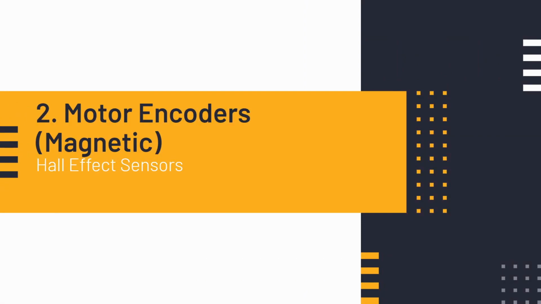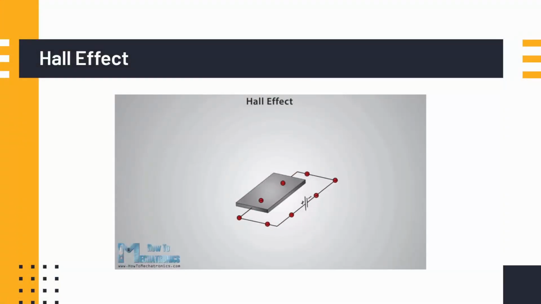Next part, magnetic encoders. Okay, these are going to be used to essentially keep track of how fast our motors are rotating, and they use a little something called the Hall effect. So in the Hall effect, you have your power source here, you have your circuit here, and just assume this is a conductor of some sort, like a metal plate.